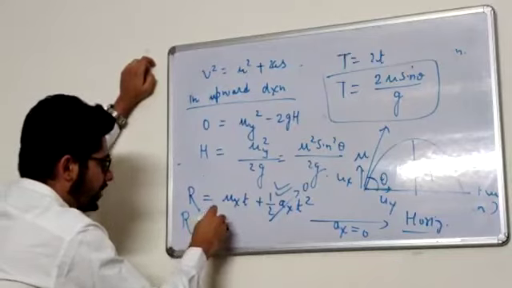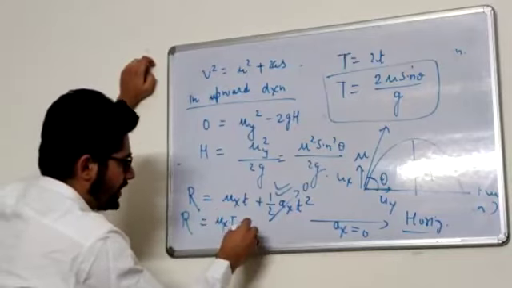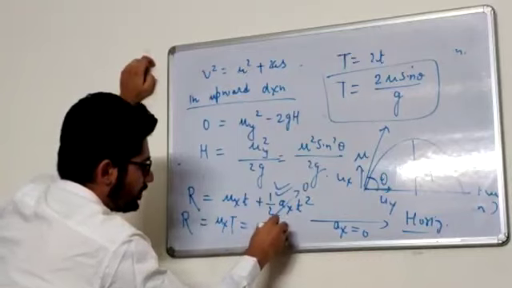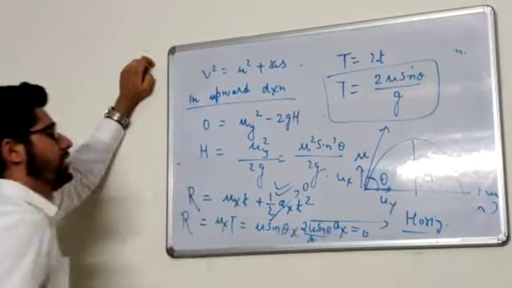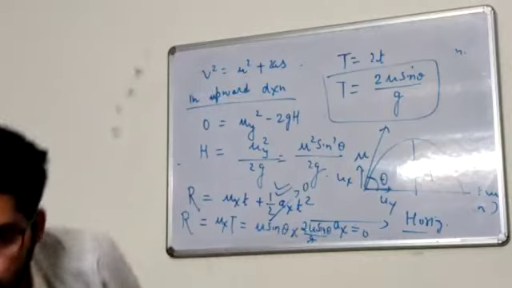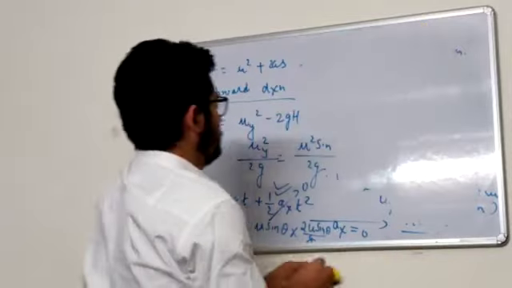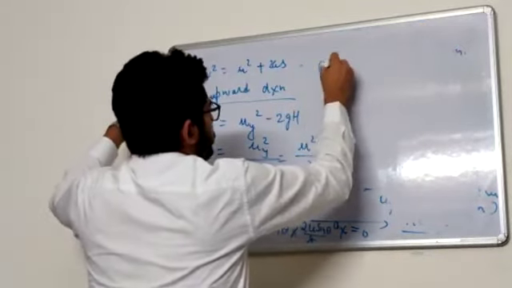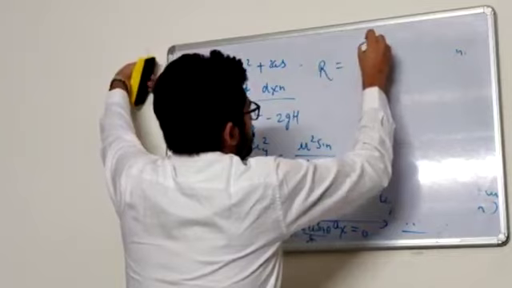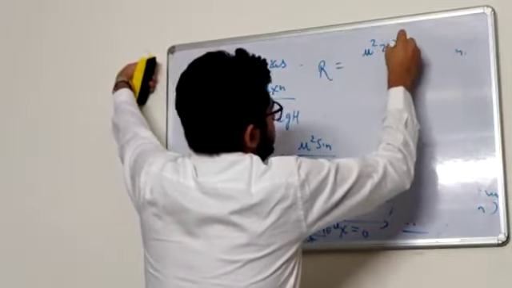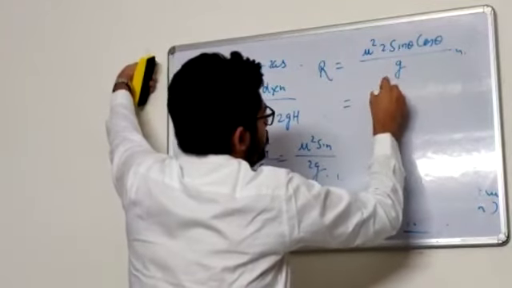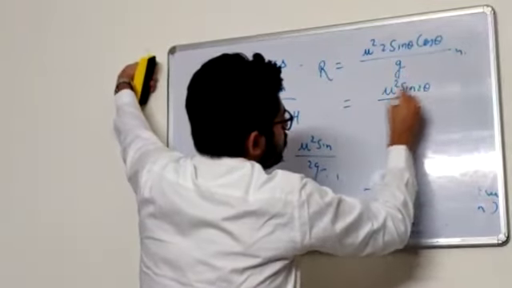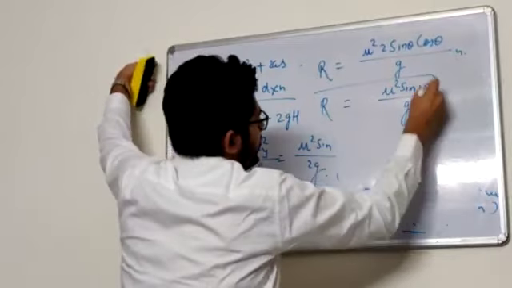So ux into capital T would be equal to u cos theta into 2u sin theta by g. So basically range will be equal to u square 2 sin theta cos theta by g. So this will be u square sin 2 theta by g.